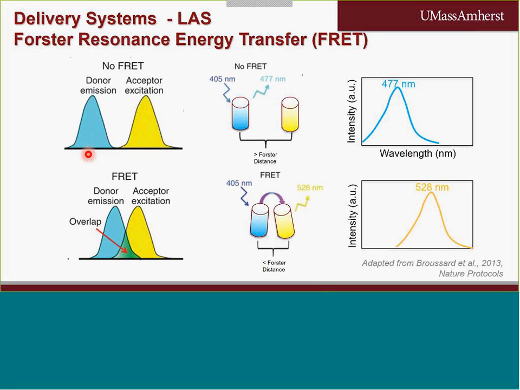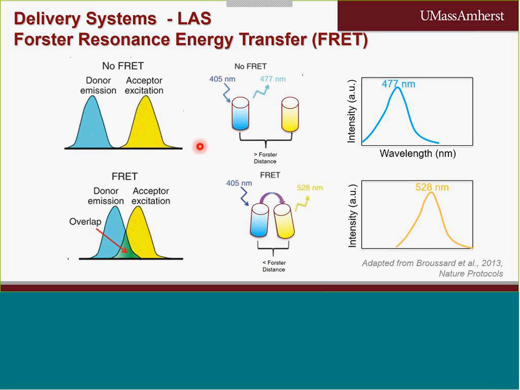So if you have no FRET, one of the things that you are going to see, when you excite your sample and the donor is excited, is one peak that corresponds to the donor itself. This happens because the donor emission and the acceptor excitation are not overlapping, or they are placed at a long distance from each other. That is the Förster distance, and hence the name of this technique.